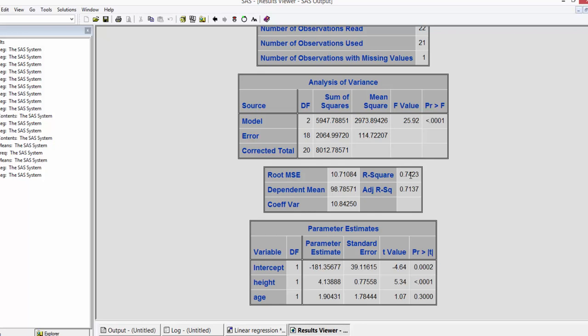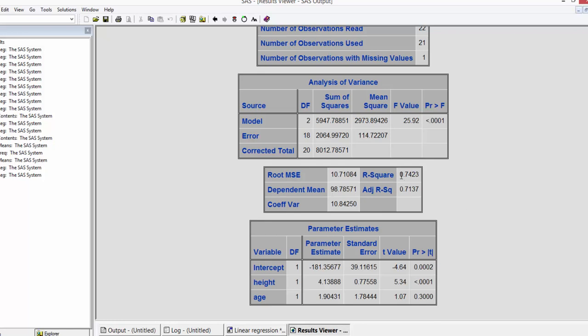What it means is that the two independent variables that we have used in the model are able to explain 74% of the variation in the dependent variable, which is weight, which is a fairly good value. The maximum it can take is 1 and the minimum is 0.